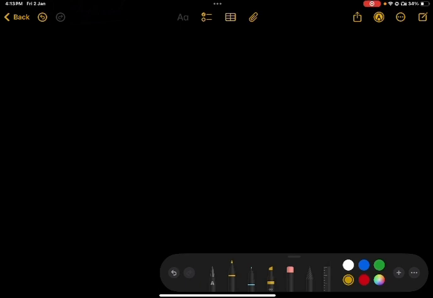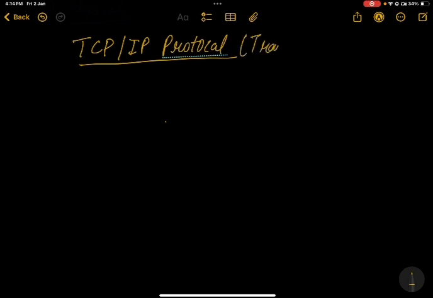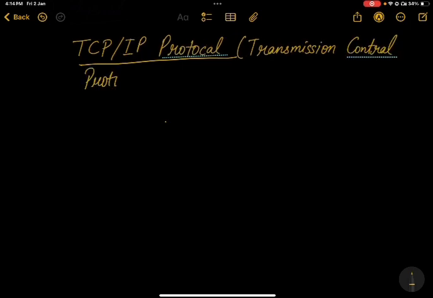Now after understanding the OSI model, the next important concept in computer networks is the TCP/IP protocol. TCP/IP stands for Transmission Control Protocol or the Internet Protocol.